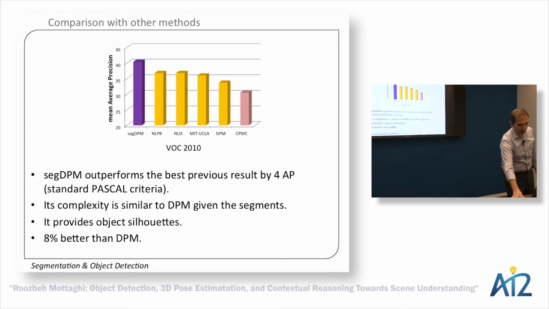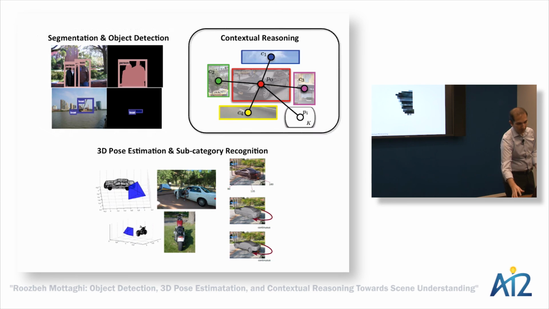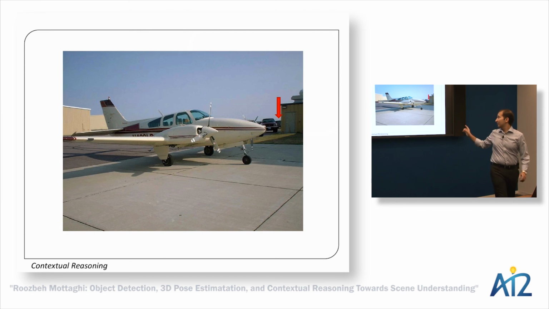Okay, the next part of my talk is about contextual reasoning. Maybe I can better motivate this part by this example. Can you recognize this object? It's a bird. Any other guess? Okay, so this is the car over there. As soon as you see the contextual information, you can easily recognize that object.